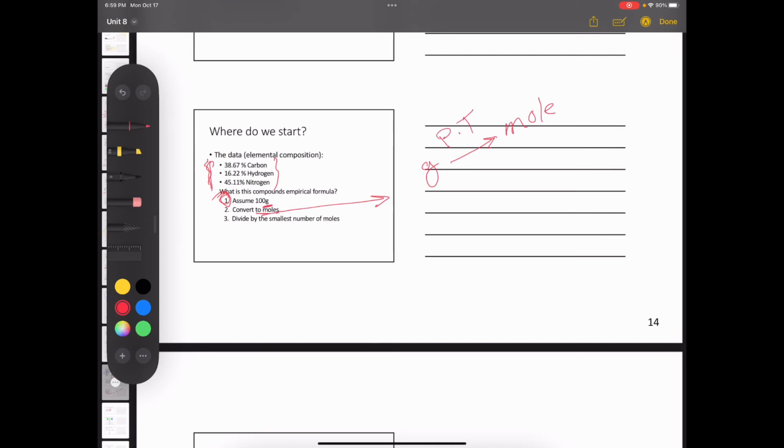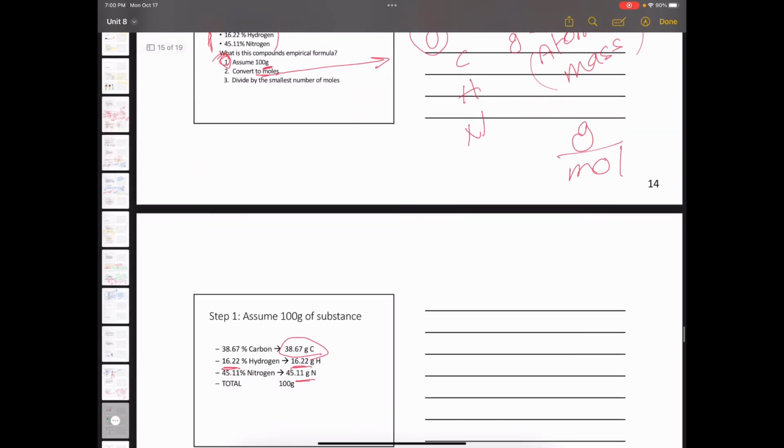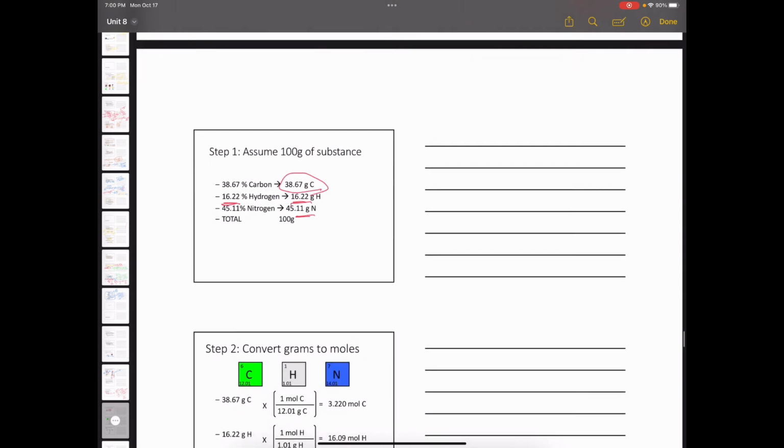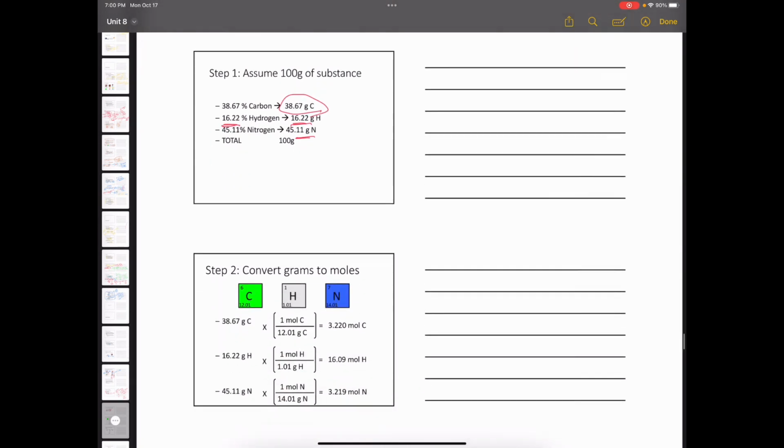When you're talking about carbon, hydrogen, and nitrogen, the only way I can convert grams into moles is through the periodic table, using the atomic mass of each element, because the atomic mass gives me the gram per mole conversion. So I can use this to convert the grams of every single element into moles. Okay, so that's almost 50% there to figure out exactly what the ratio of each element is.